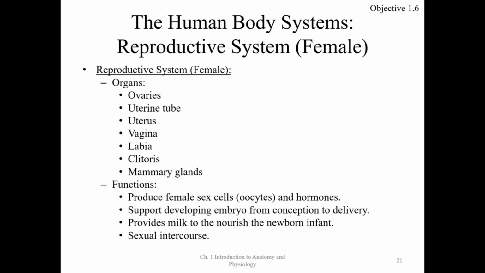We're going to see that the female contains ovaries, the uterine tubes, the uterus, the vagina, the labia, the clitoris, the mammary glands. It's going to help produce female sex cells, the oocytes. It's going to support developing embryo from conception to delivery using the uterus. It's going to provide milk to nourish an infant, and it's also going to be involved in sexual intercourse.